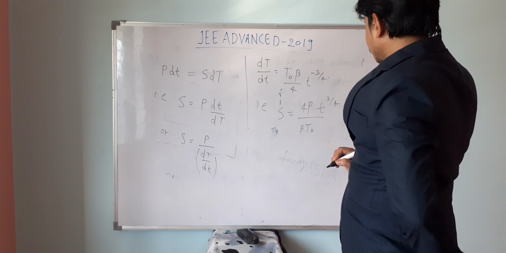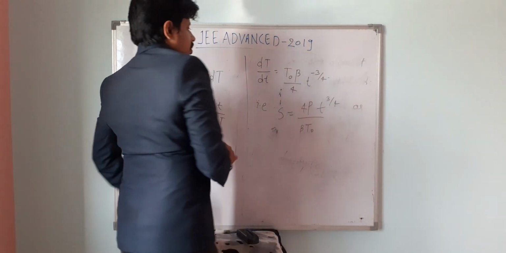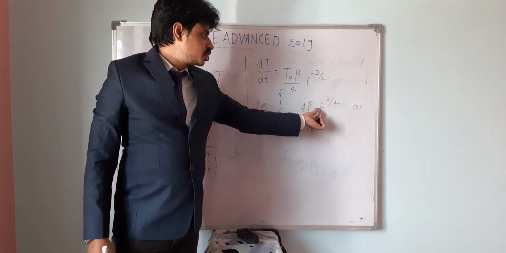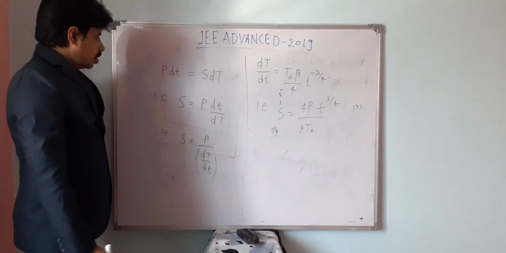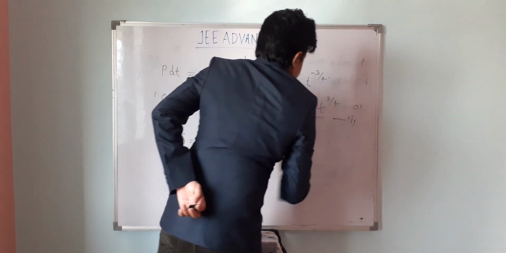We can write like this. So it involves time, which is unknown, and the answer must not be in terms of the unknown. So we will try to find t to the power 3 by 4. So this is my equation 1.